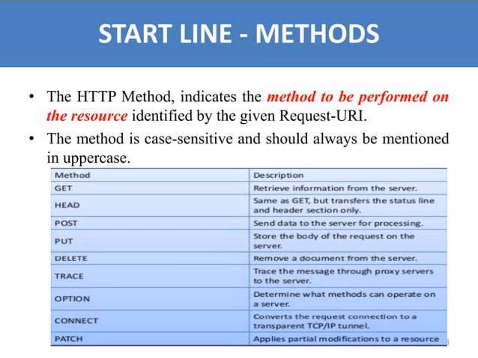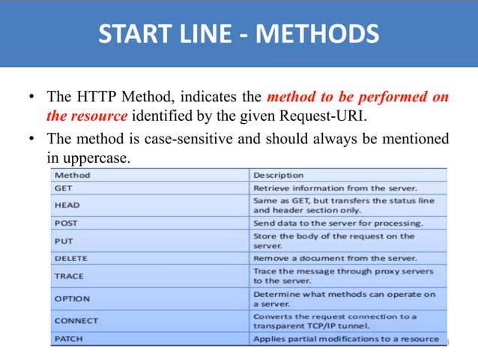First one, GET method. The GET method retrieves the information from the server. Then HEAD method: the same as the GET method, but it transfers the status line and header section only. The POST method sends the data to the server for processing, the PUT method stores the body of the request on the server, and the DELETE method removes the content from the server.